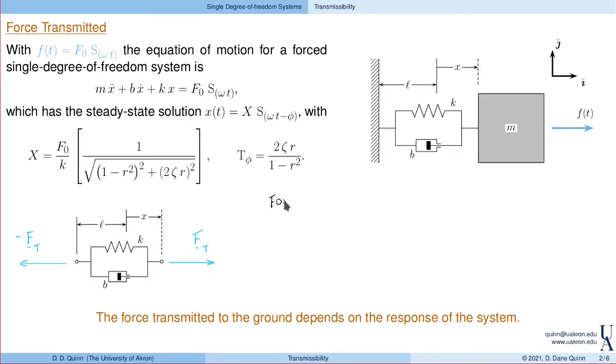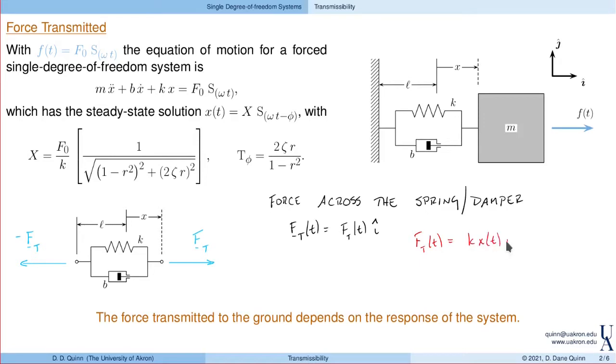So the force across the spring damper combination can be written as F of t, which again is a function of time, is some scalar quantity, in this case the i direction, where F of t, and again this is now the scalar amplitude, is equal to k times x plus b times x dot.